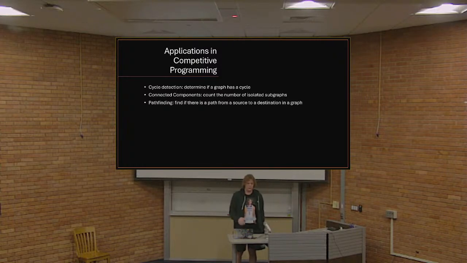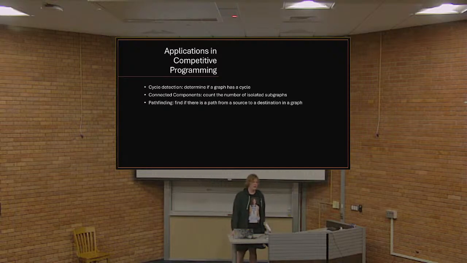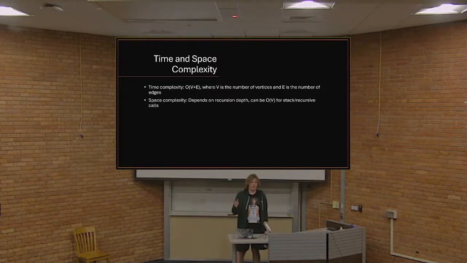Determining if you have connected components is an important part of determining which algorithms you have to use, so using depth first search to do that is going to be helpful. And like I said, finding a path from A to B is exactly what this is made for. The time complexity, without getting too deep into it, is just the number of vertices plus the number of edges, because you have to iterate over each of those.